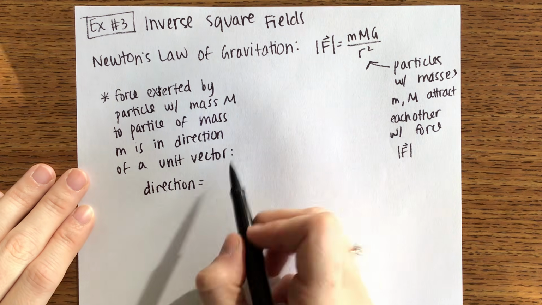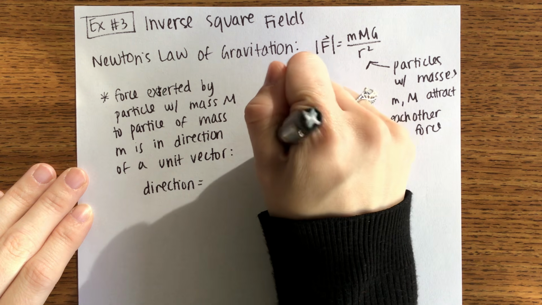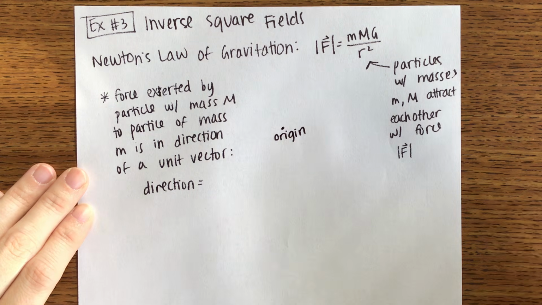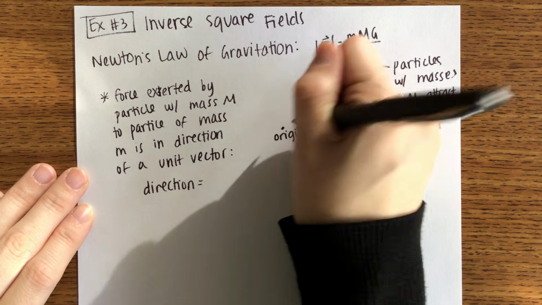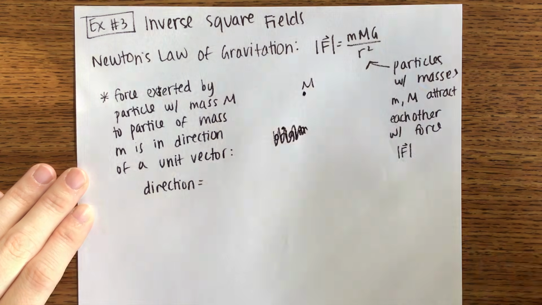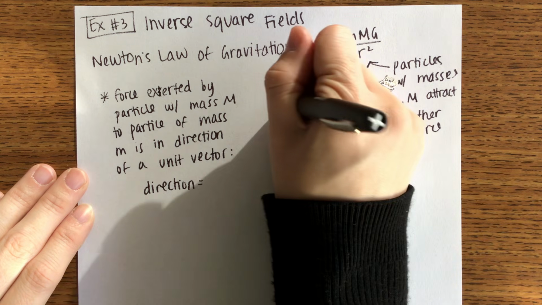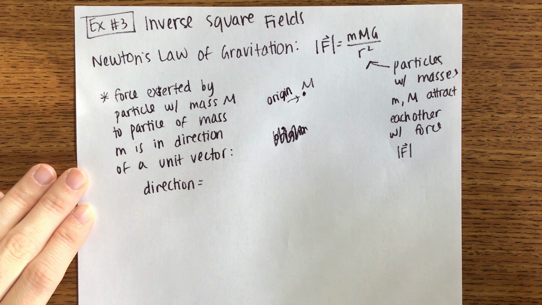Okay. Before I write what that is, I want us to draw a picture. Let's say that we have the origin here. Scratch that. Let's say we have the mass, the particle that has the largest mass is there. I'm going to place it at the origin just for convenience.